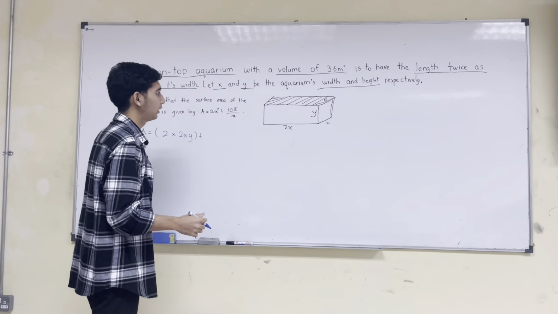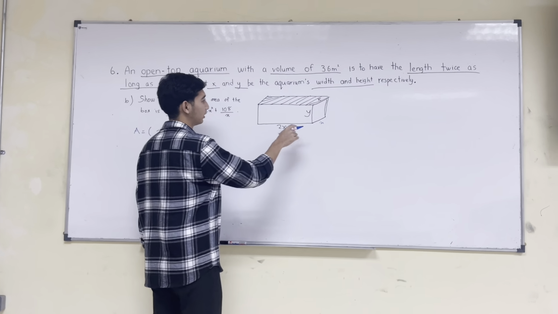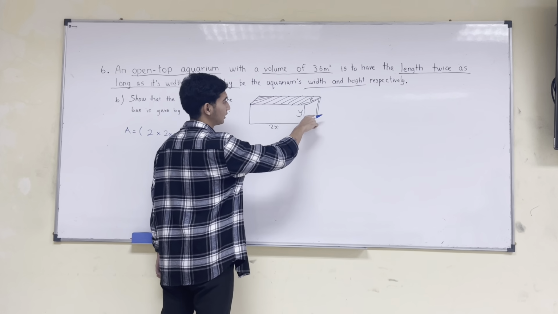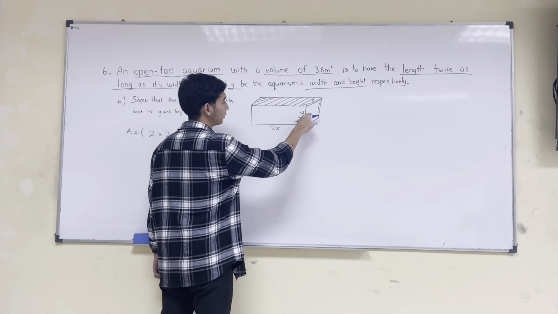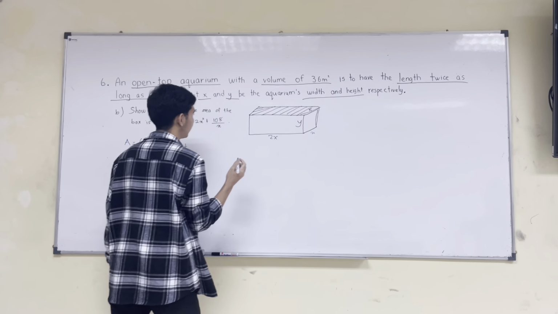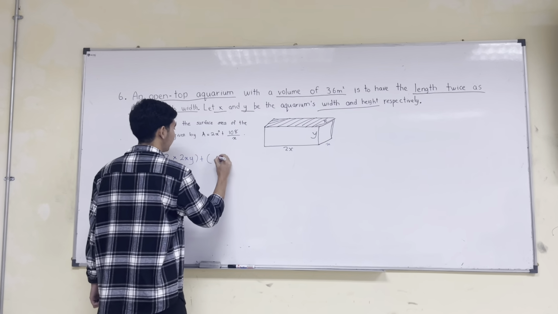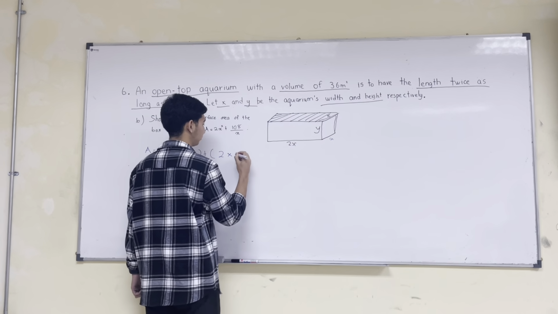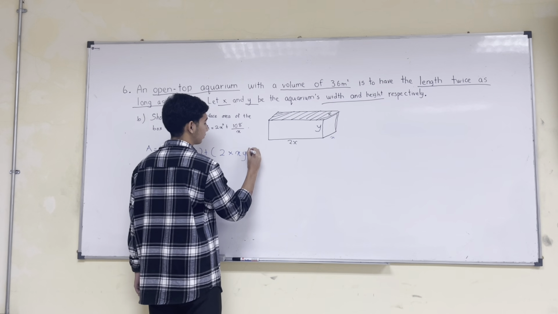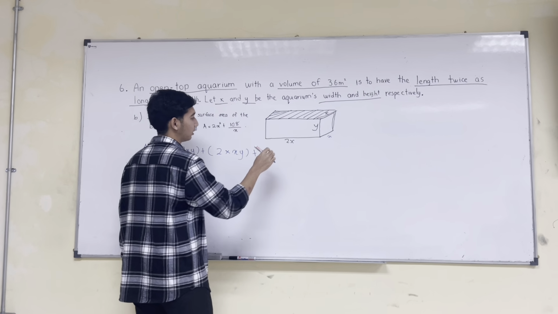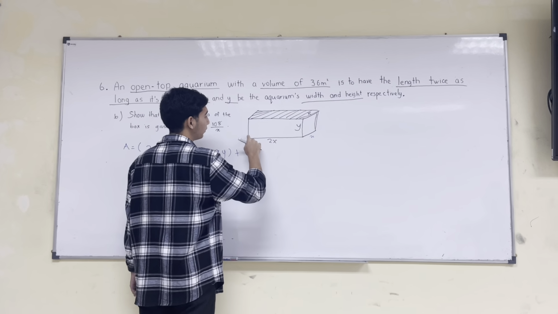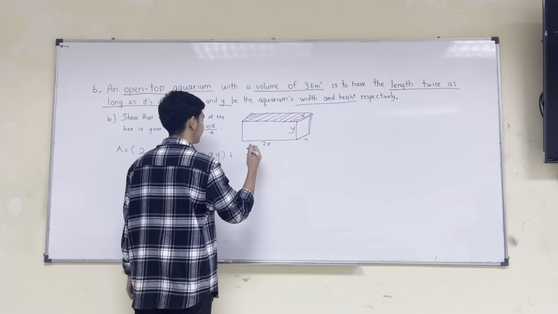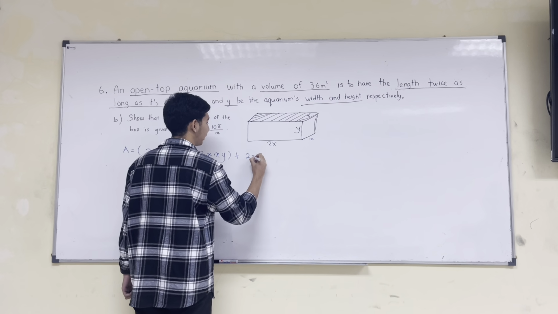Next, we write the surface area here. The surface area here is x and y. We also have two of the same, so we write 2 times x and y, plus the bottom of the open top aquarium, which is 2x and x, so we write 2x squared.